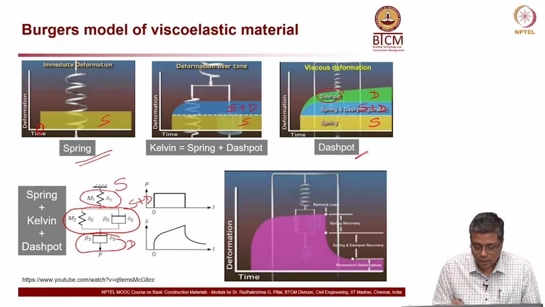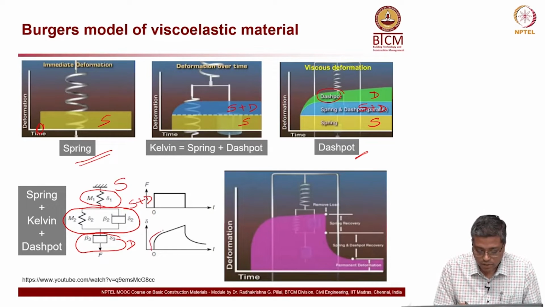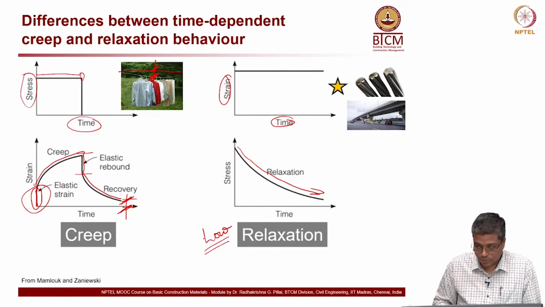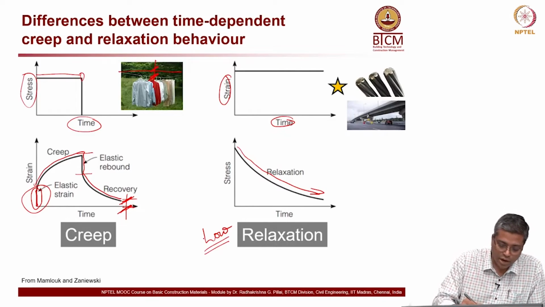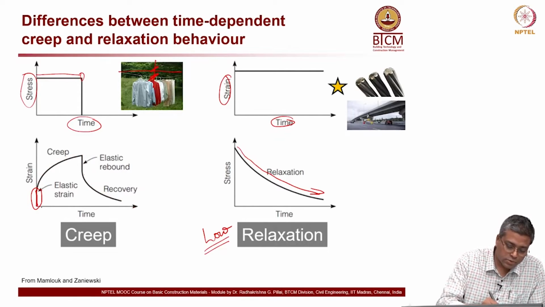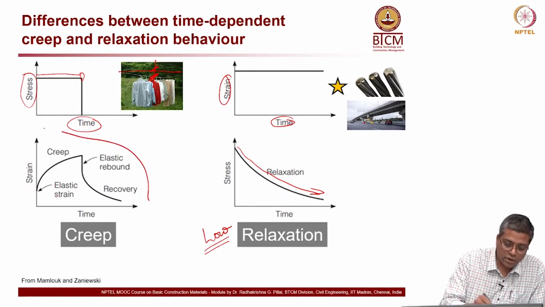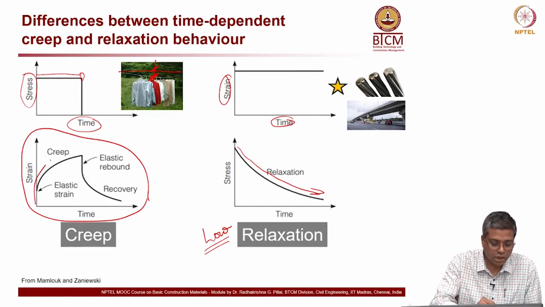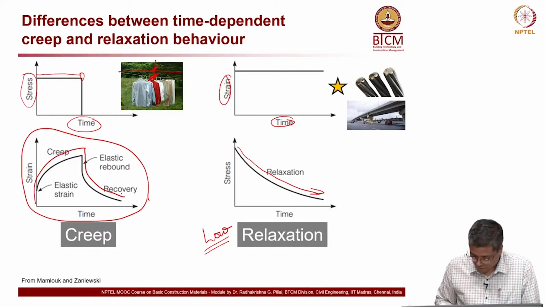That is what you are seeing on this graph here, which is very similar to the graph in the previous slide, this one. So, the creep graph here is very similar. You can see the shape, trace the shape of this, it is coming something like this.